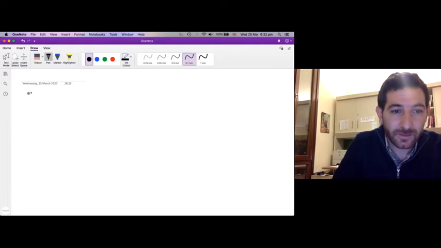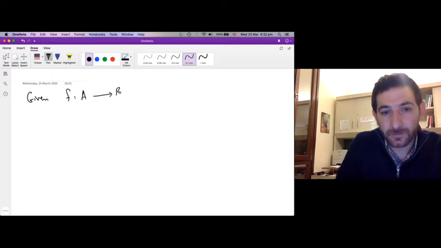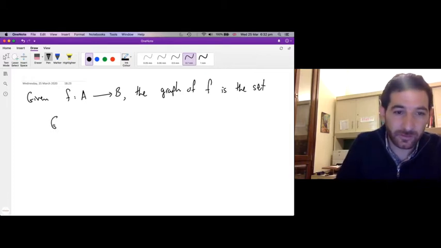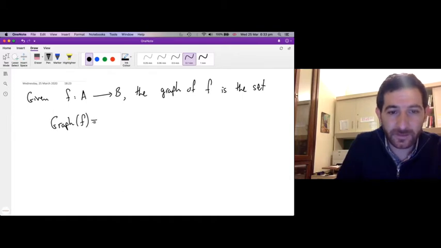Okay, so given a function f from A to B, the graph of f is the following set. We will denote it by graph of f. And what is this set?